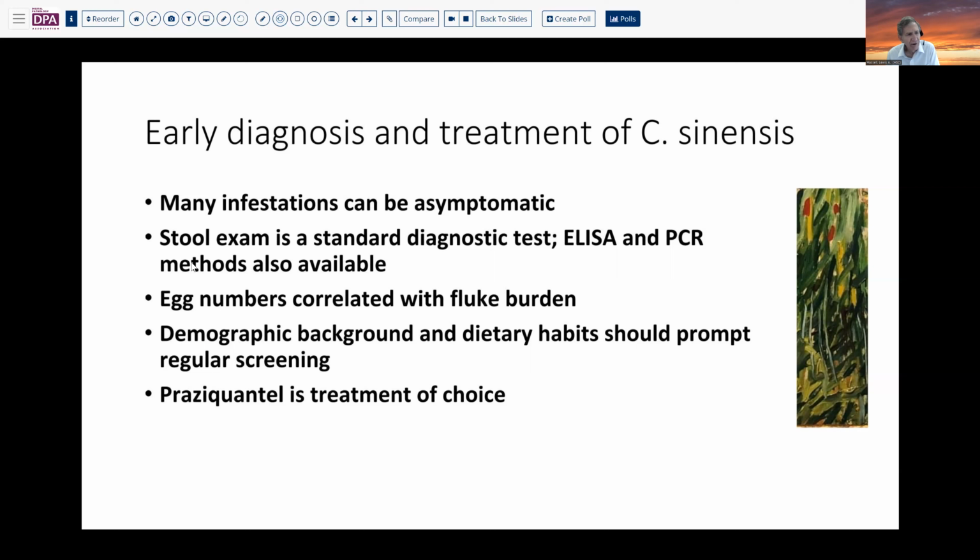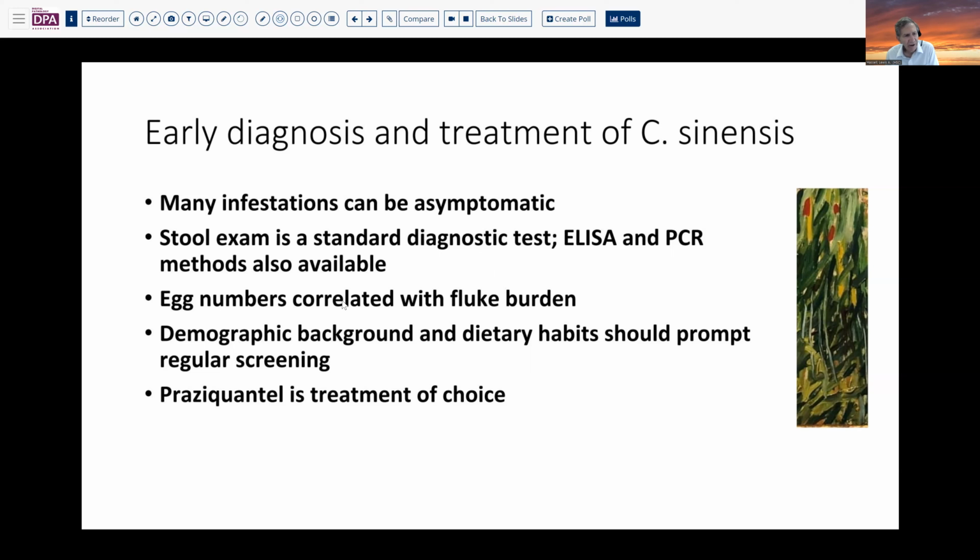And of course, in terms of diagnosis, once we start to suspect it, stool examination looking for parasitic eggs is the most widely available test. But there are other tests available, and ELISA test as well as PCR methods can also be used to make the diagnosis if we don't have the visual tools to do this.